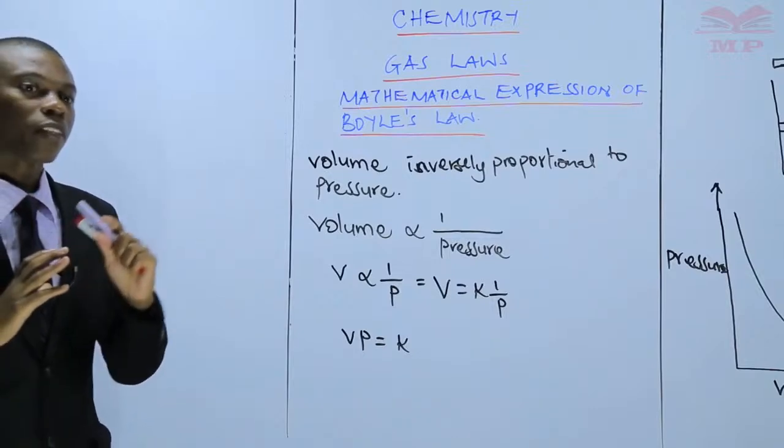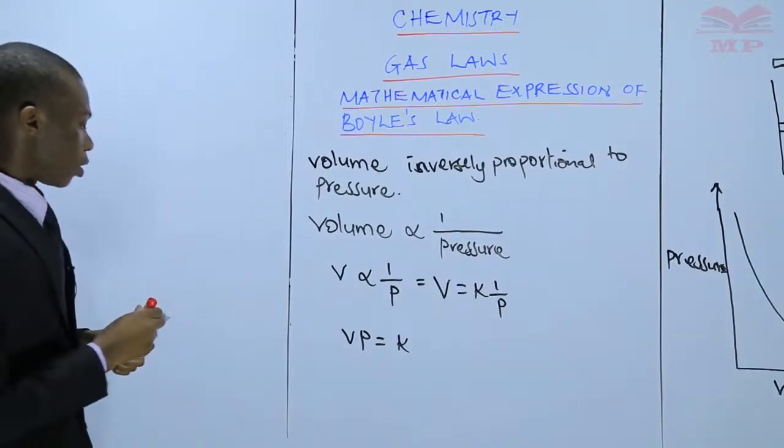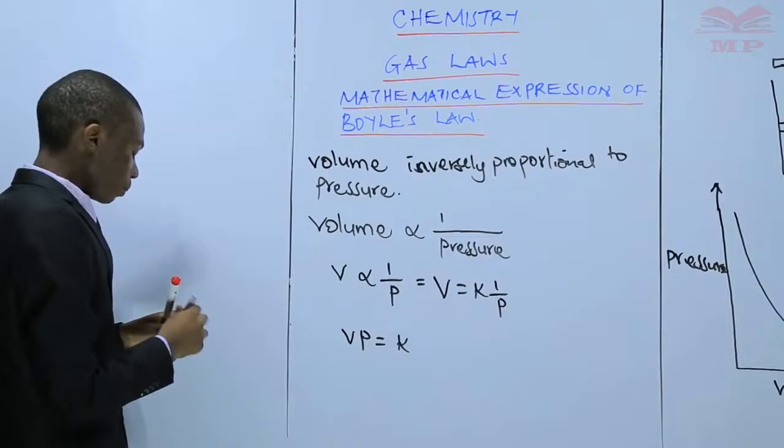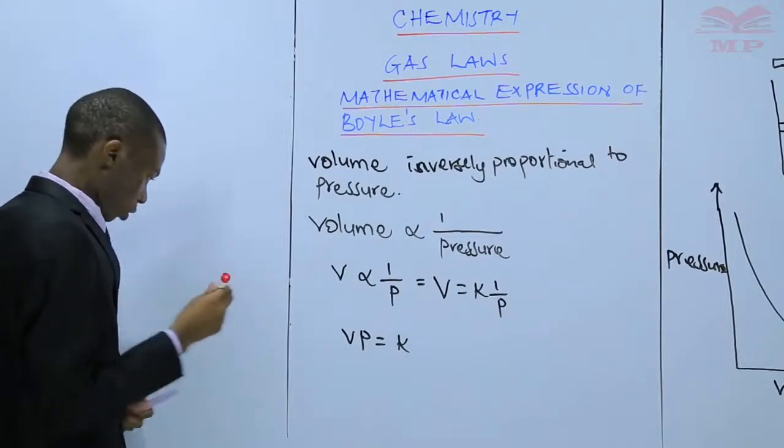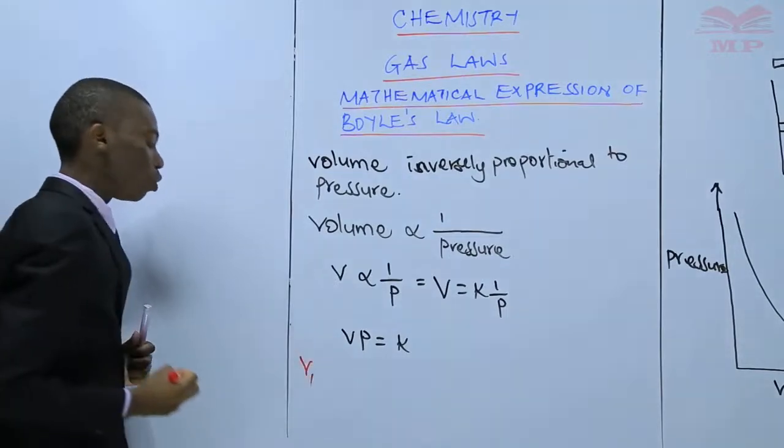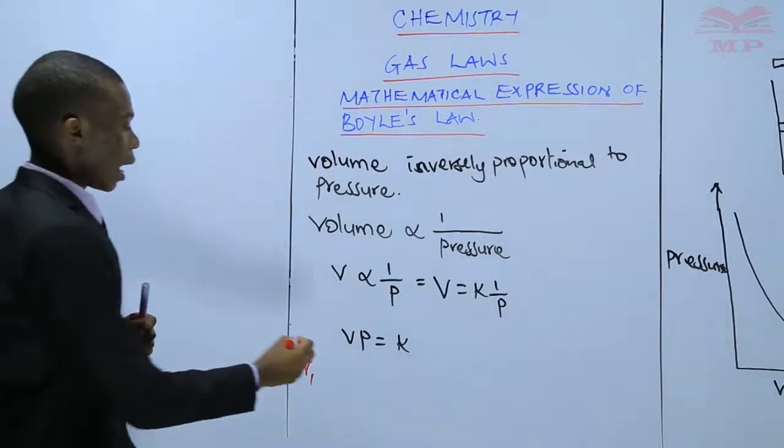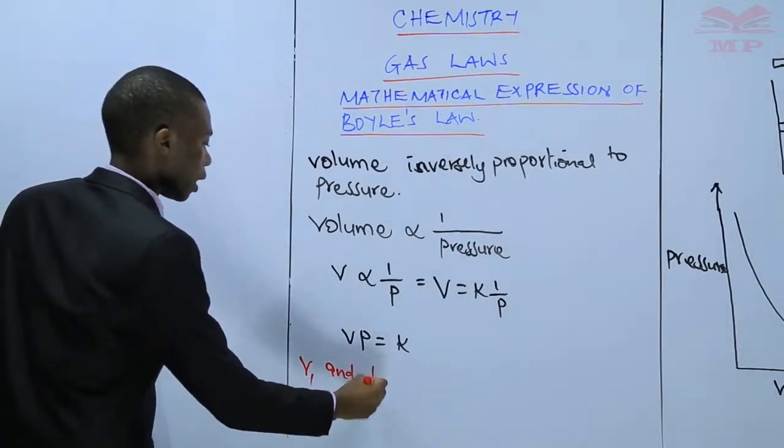Therefore, if you have a certain volume of a gas, this volume has a pressure. So if that volume changes, let's say you have volume 1, V1, of a certain gas, and pressure 1, P1.